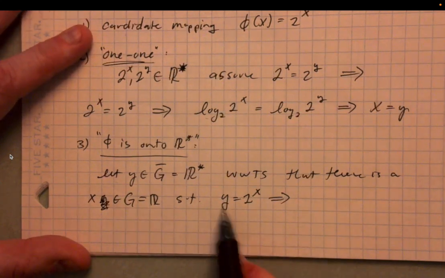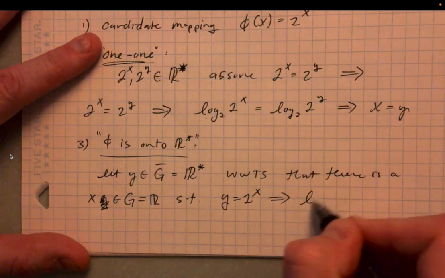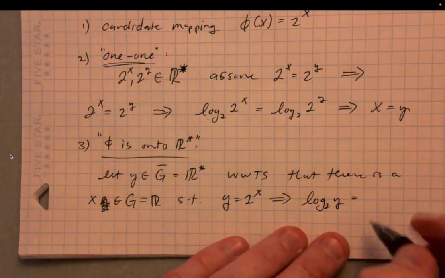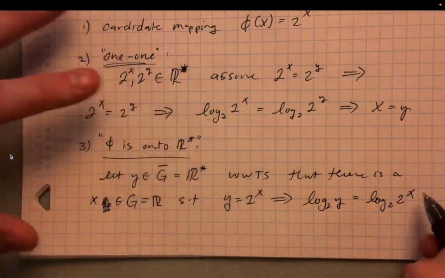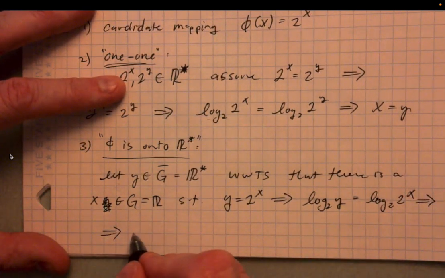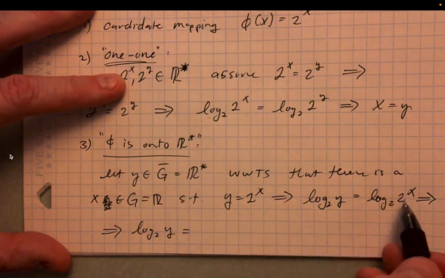You can just solve this equation for x. Log base 2 of y equals log base 2 of 2 to the x, and that implies that log base 2 of y is equal to just x.